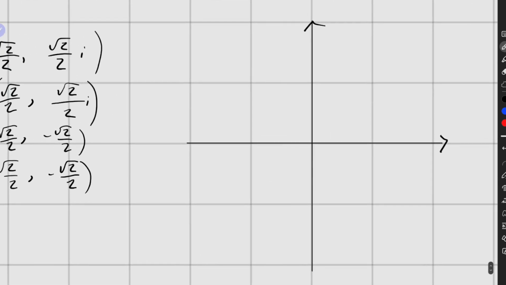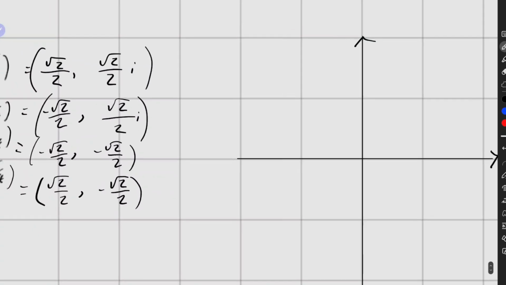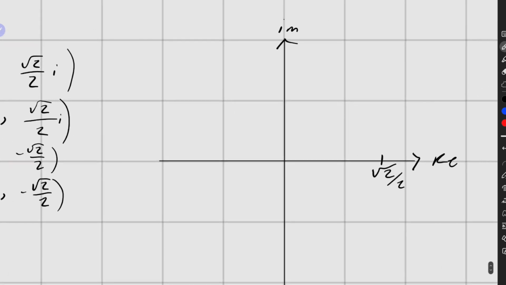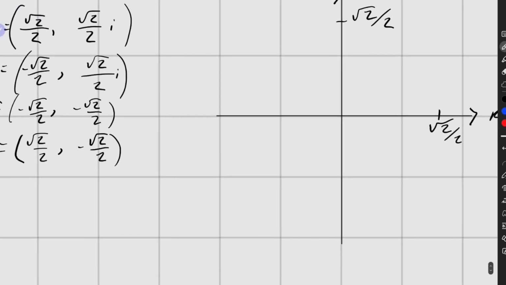So our first plot is root 2 on 2 and root 2 on 2 imaginary. Next plot, minus root 2 on 2, that's this one here, and root 2 on 2 again.